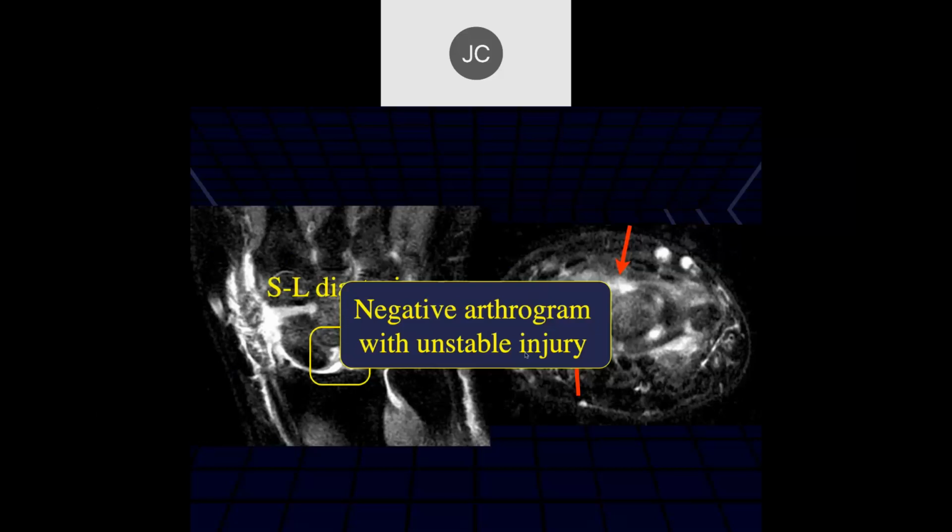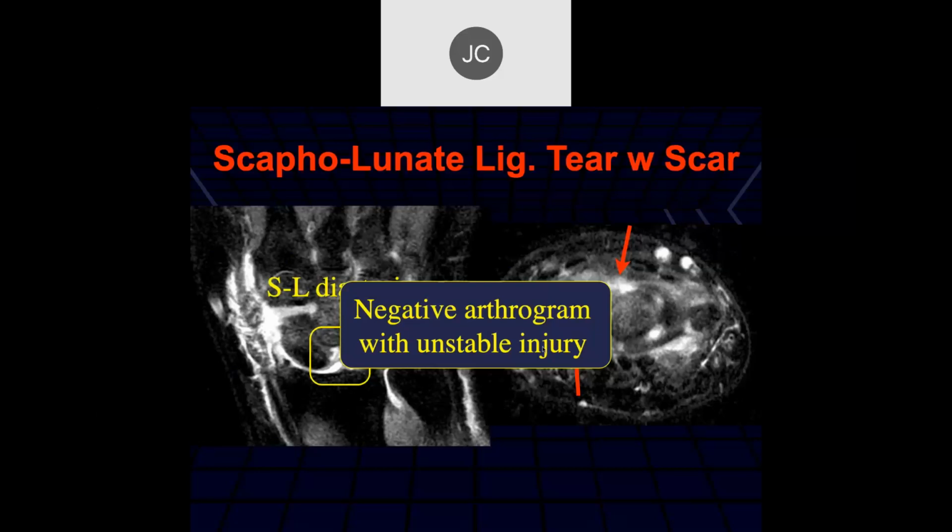So just remember that you can have chronic unstable injuries where you get fibrous kind of membranes develop where you don't have free flow of contrast. So again, always be somewhat skeptical of arthrogram, especially in chronic disease.